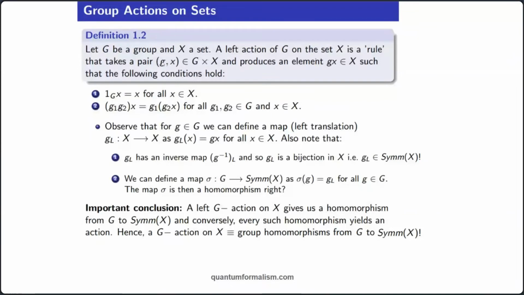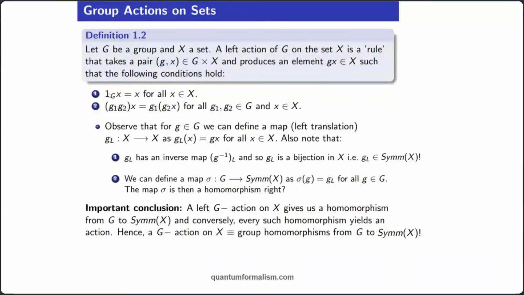So in other words, an action is a map from the Cartesian product G times X to X. But not just any map, it satisfies this.